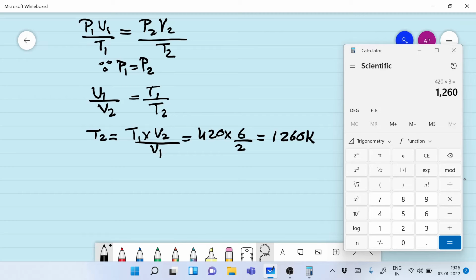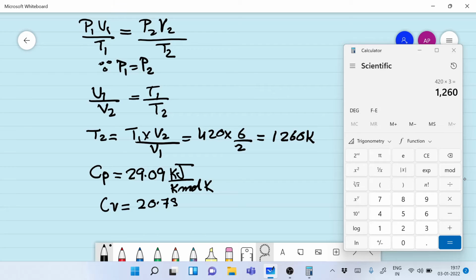Now, for the change in internal energy, since it's an ideal gas, we can assume Cp is equal to 29.09 kilojoule per kmol Kelvin, and Cv is equal to 20.785 kilojoule per kmol Kelvin.